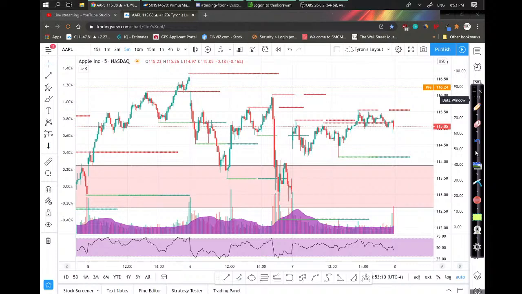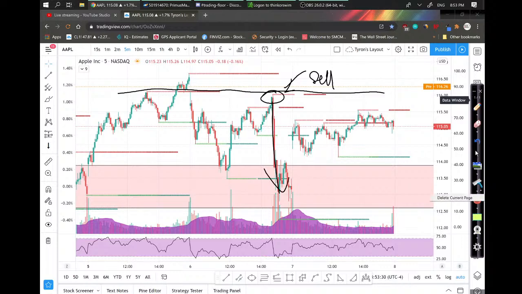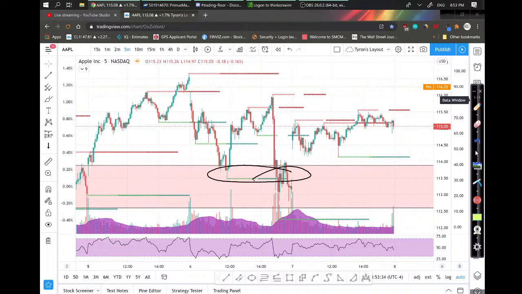The self-fulfilling prophecy idea is that, oh, we're approaching a resistance, right? We've seen this resistance before, therefore we should get prepared to sell here. This is what all traders are thinking. This is what the algorithms are thinking. This is what the institutions are thinking, right? They know this is the level, and therefore they sell off the stock, right? And then, oh, okay, this is a support down here. This is where we should be buying the stock. And so it becomes a self-fulfilling prophecy based on the indicator.